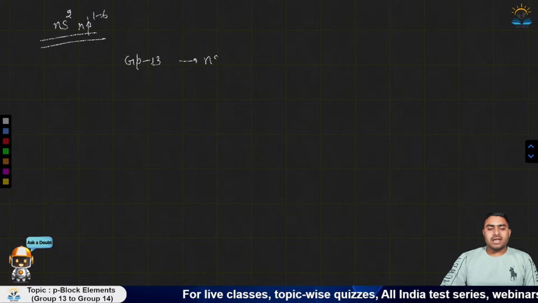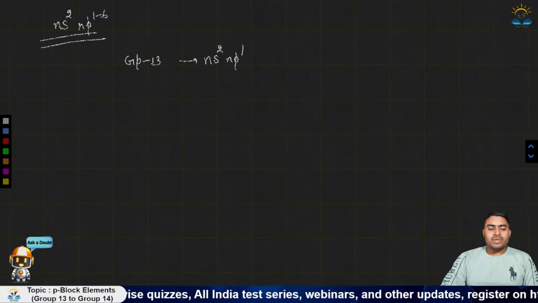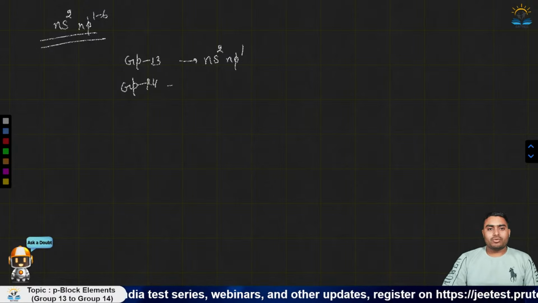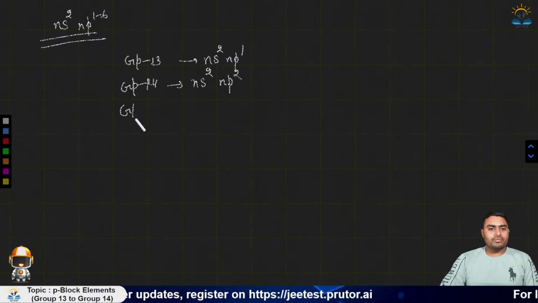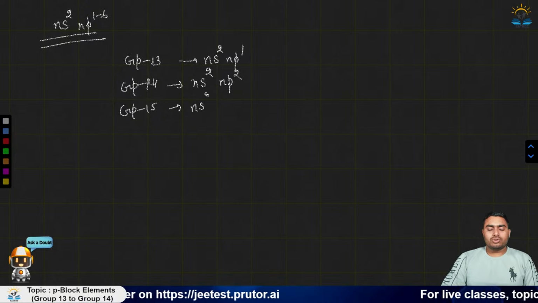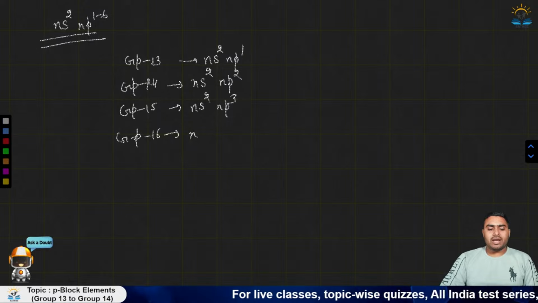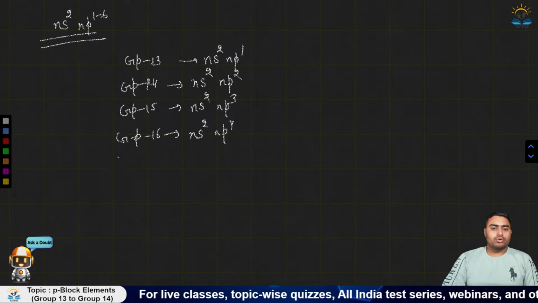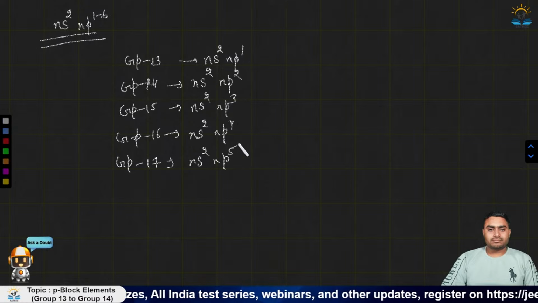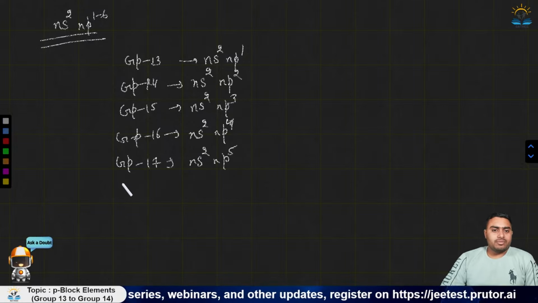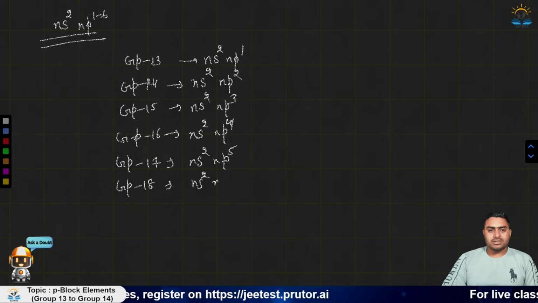For group 13 it is ns2 np1, where n is the period number. Group 14 is ns2 np2, group 15 is ns2 np3, group 16 is ns2 np4, group 17 is ns2 np5, and group 18 is ns2 np6.